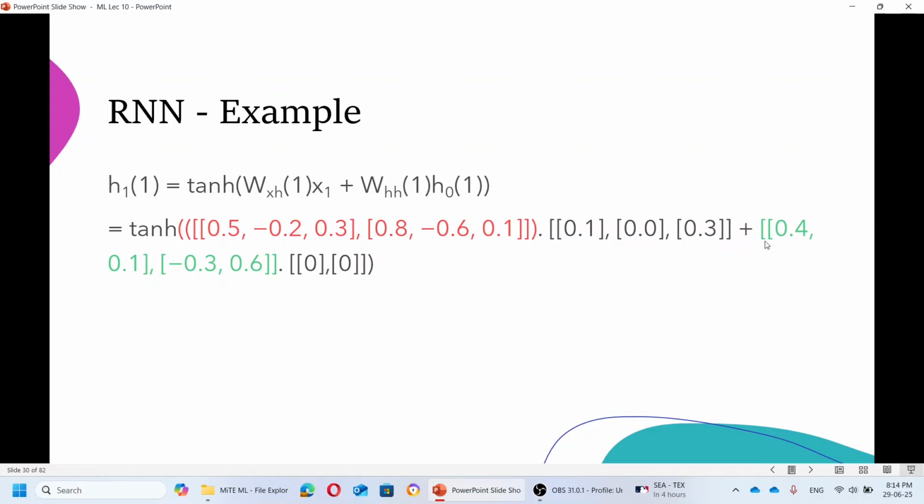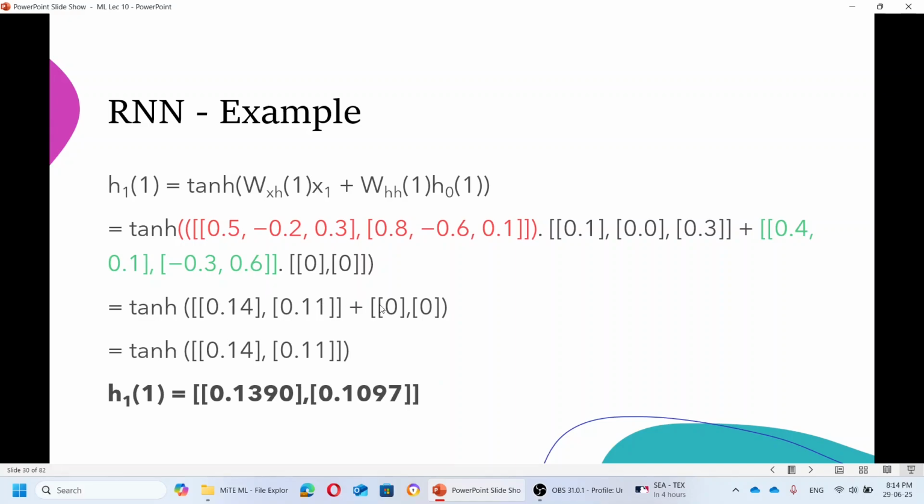X is our input, and this is our Whh, but it will be multiplied by 0, 0, because initially the value of h0 is 0, so it will just become 0. Since this has become 0, we multiply this one by this one, a simple matrix operation. So we get 0.14 and 0.11. Then we apply the tanh function on this output, and we get 0.1390 and 0.1097.